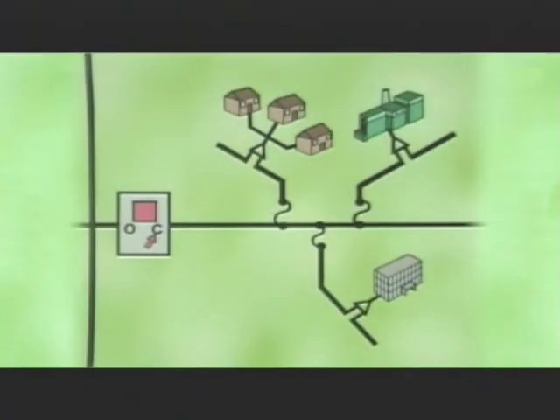We'll use a simplified drawing of a feeder with fused laterals to see how this coordinated effort is achieved. In this drawing, we have a circuit breaker connected to a feeder with three laterals. The laterals are supplying electricity to residential communities, office buildings, and industrial facilities.